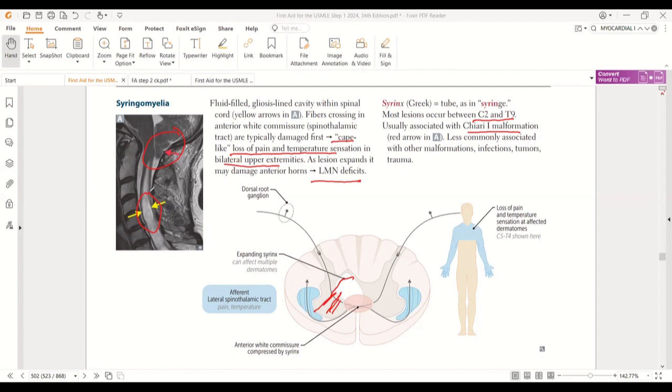When the syrinx expands anteriorly, it will damage the anterior horn as well. In this way, the patient may present with lower motor neuron deficit as well as loss of pain and temperature sensation in the bilateral upper extremities, right? The most typical location is T2 to T9, and it is associated with Chiari 1 malformation and less commonly associated with infection, tumor, and trauma.